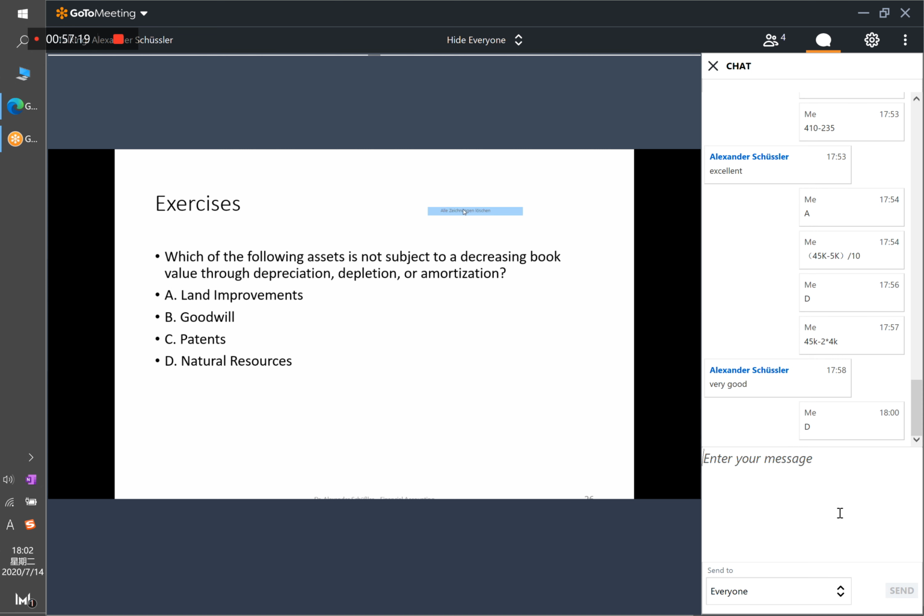This is the next one. Which of the following assets is not subject to decreasing book value through depreciation, depletion, or amortization? Is it land improvements? Is it goodwill? Is it patents, or is it natural resources?